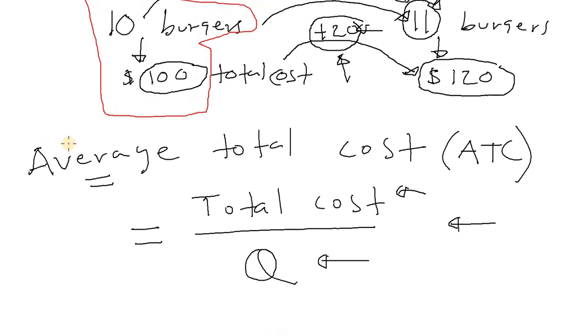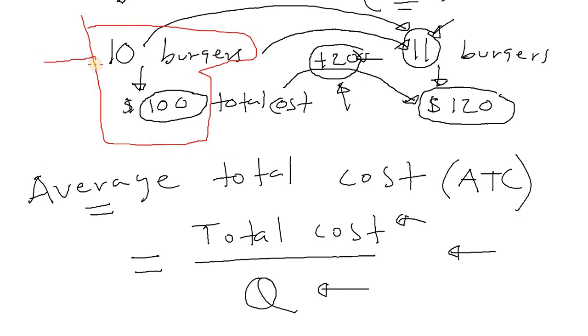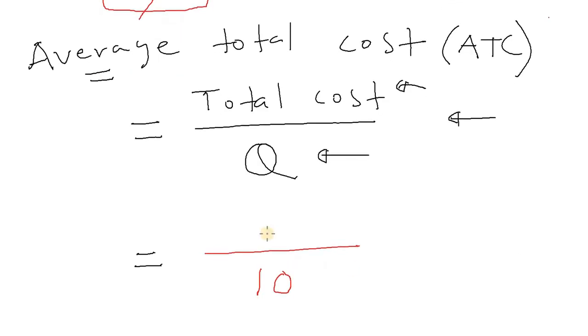You're producing 10 burgers and your total cost is $100. If you do the calculation, you end up with $10. So this is the average total cost.